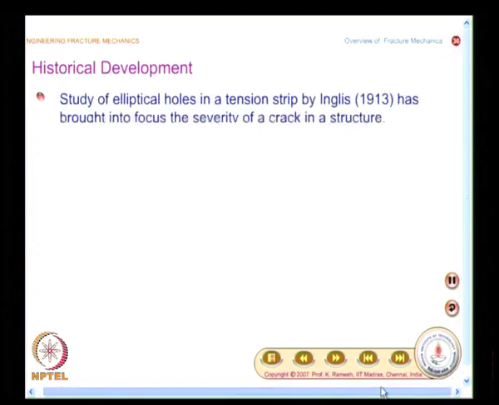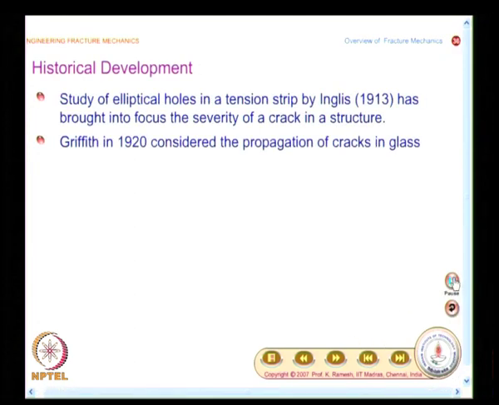Now, let us look back at the historical development. The study of elliptical holes in a tension strip by Inglis was done in 1930. And what was the important emphasis from his work? If you look at the history, the first problem leading to stress concentration was solved by Kirsch in 1898.